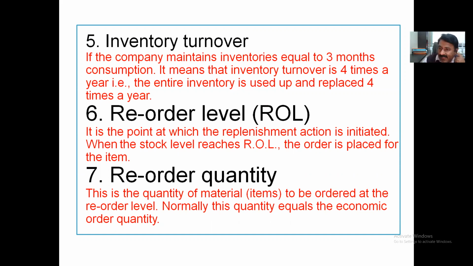If it is manufactured in the company, start the processing. If it is purchased from any other firm, then release the order for purchase. This is the concept, reorder level.